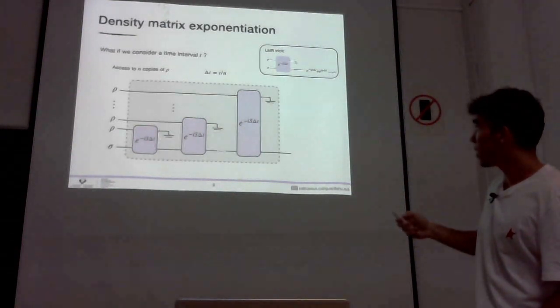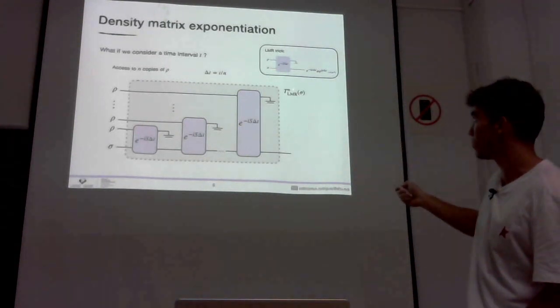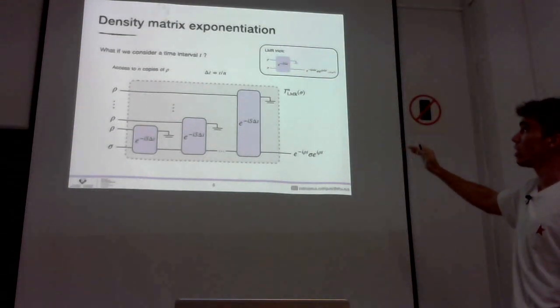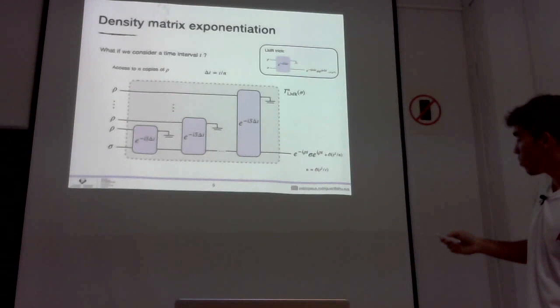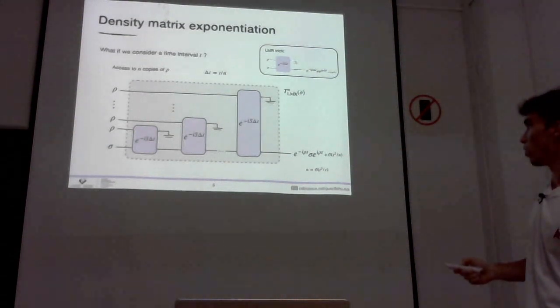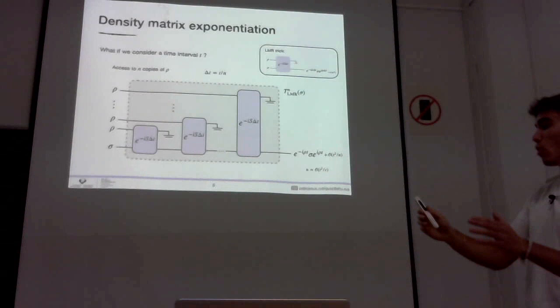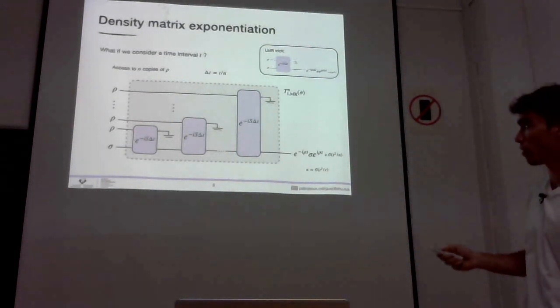This is like the joint operation. I am applying this quantum channel n times. And what I have here is this desired operation. I'm evolving rho during a time t instead of delta t, and now I'm able to control the error. I can reduce the error having access to n copies of rho. So this is equivalent to considering, if I want a fixed error, this is the number of copies that I need to obtain an error epsilon.